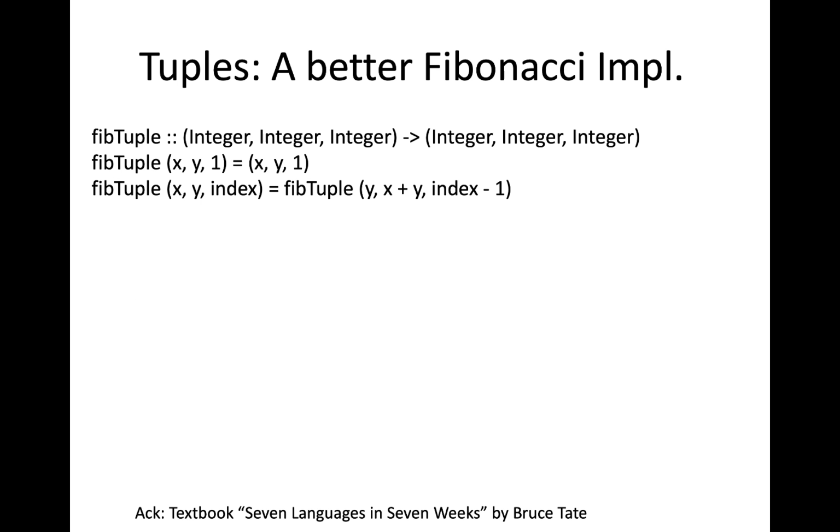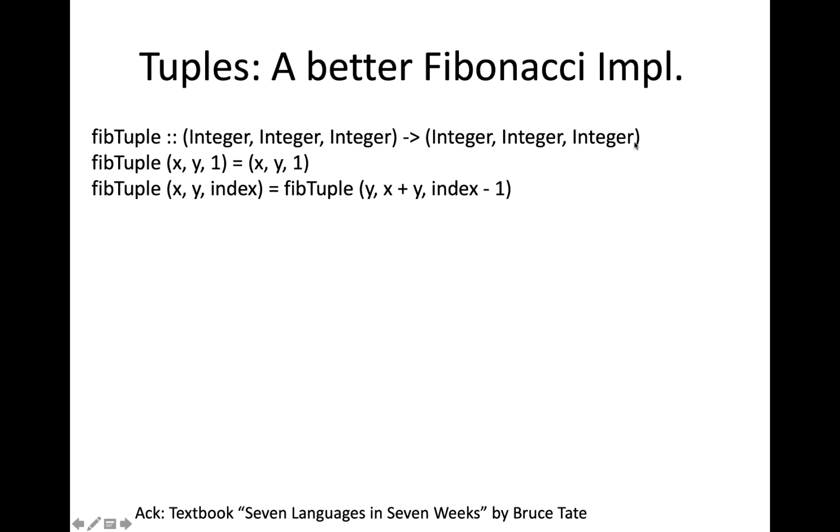Now how do we make the fib implementation better? We can do many alternatives. Here is one. We are defining a function fib tuple. The input is a tuple that has 3 components, and each component is an integer.